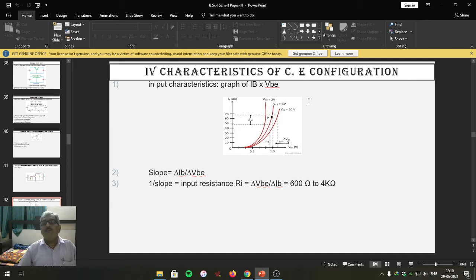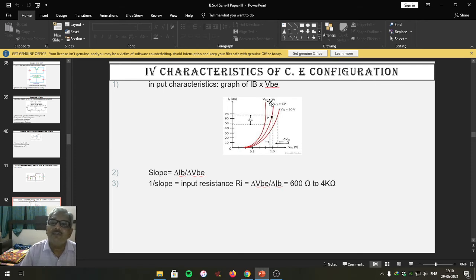Friends, by using the process of keeping VCE constant, allowing VBE to change and noting down IB, we have a set of IB and VBE values for different values of VCE. Plot the graph of IB versus VBE. On the y-axis IB is taken, on the x-axis VBE is taken, and the graph is plotted.